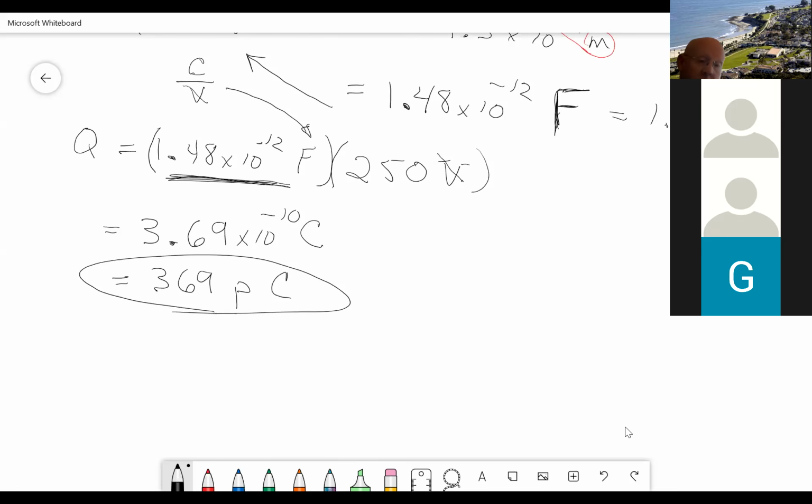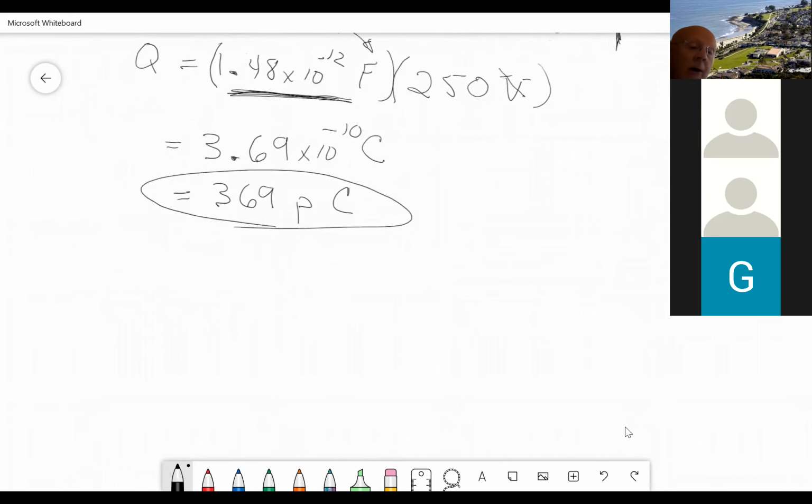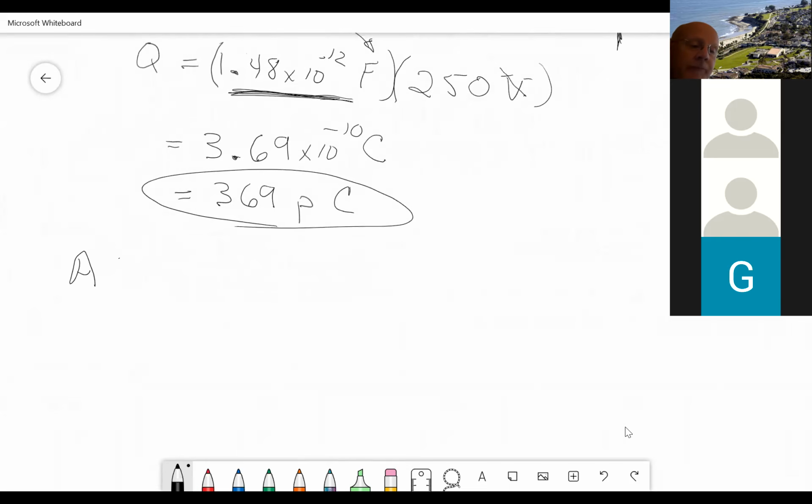Here's where the problem gets hard then: what about after? And this one, and I say this one because this is not always the case, but in this one, it made it sound like they disconnected it from all the wires.